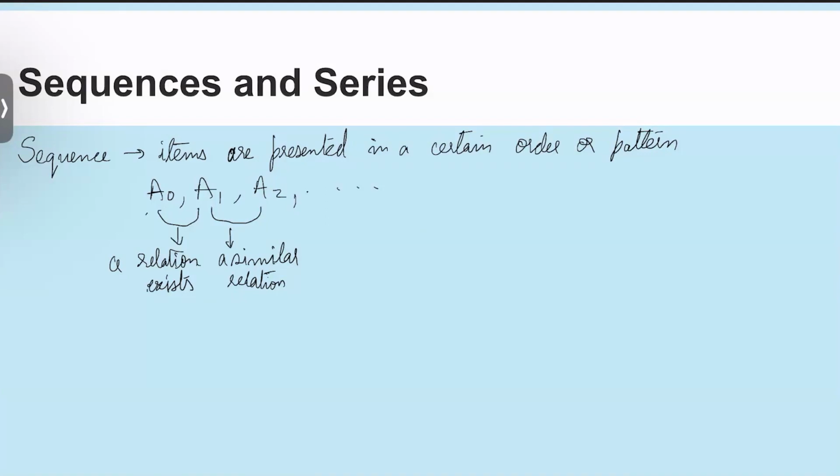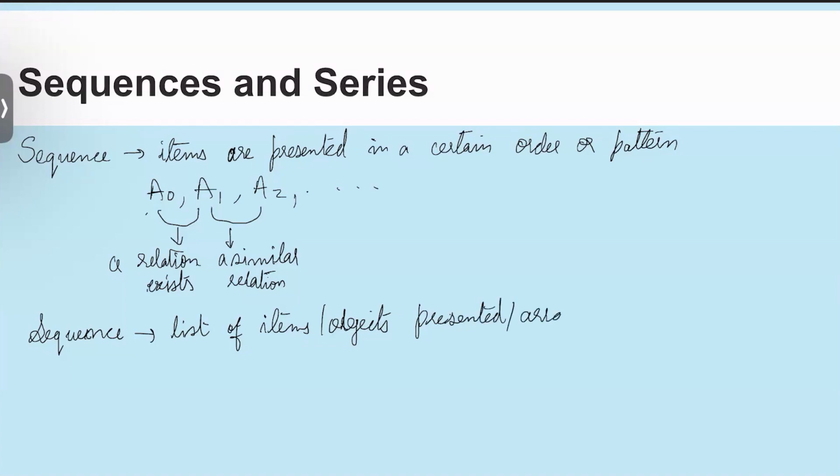So in the case of sequences and series, a sequence can be called a list of items or objects presented or arranged in an ordered or sequential manner.